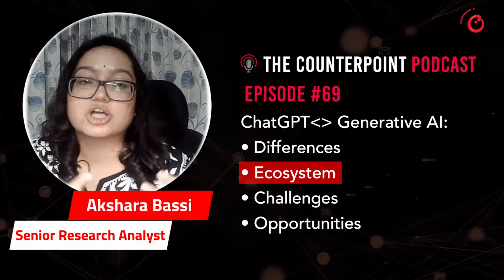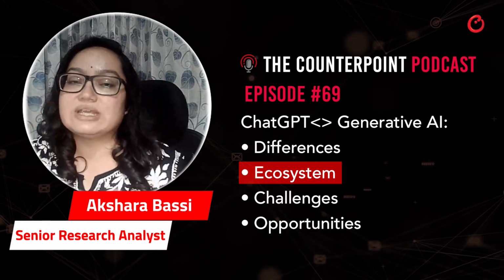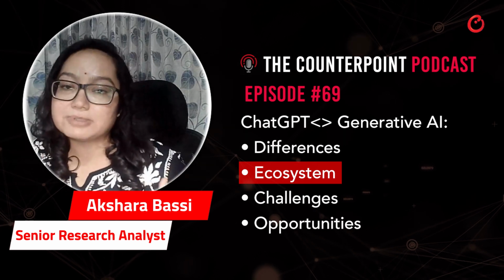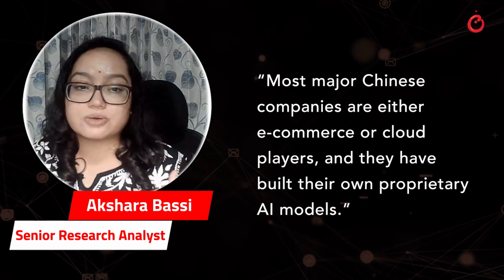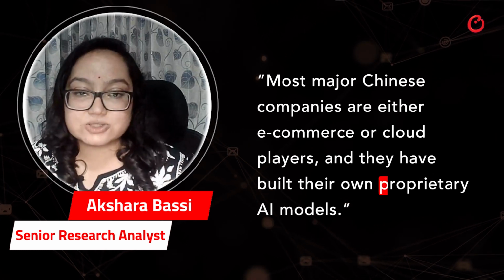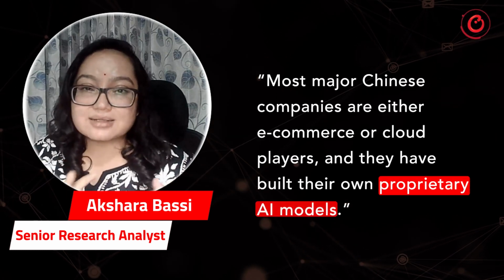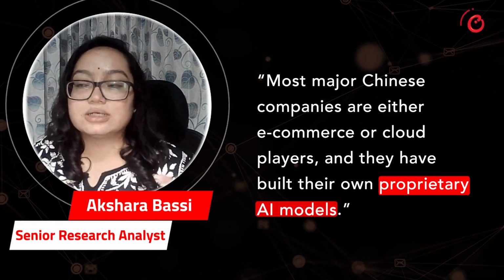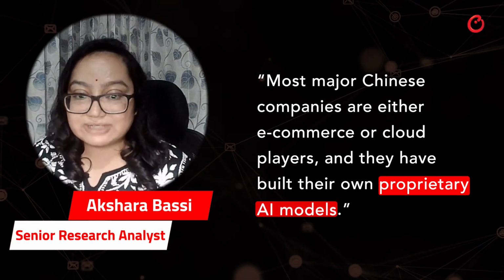For example, like we mentioned, Adobe, Salesforce, most of them have integrated GPT. But each of those major Chinese e-commerce or cloud players have built their own proprietary AI models. That's a different take from what Chinese companies have taken.